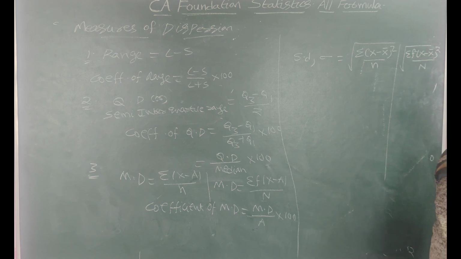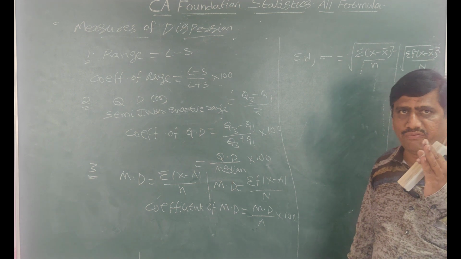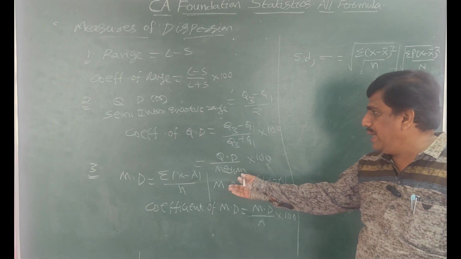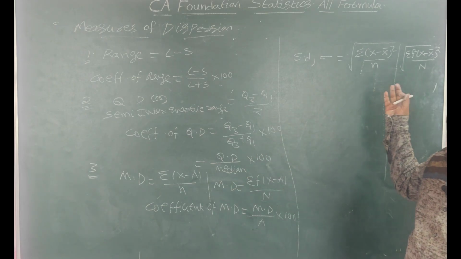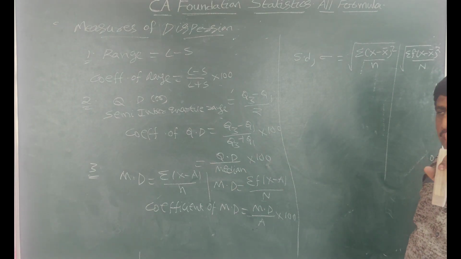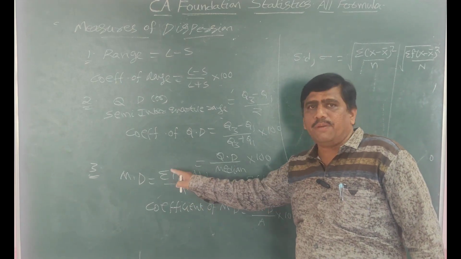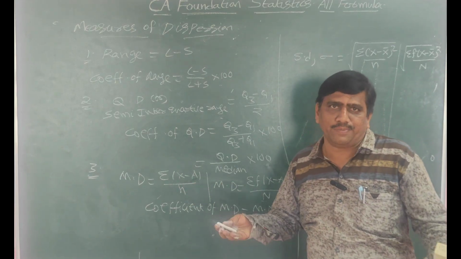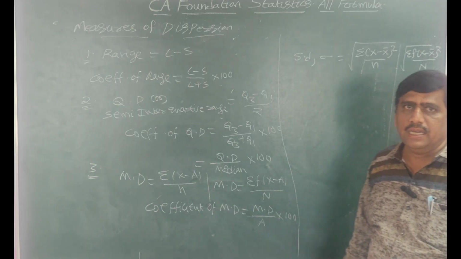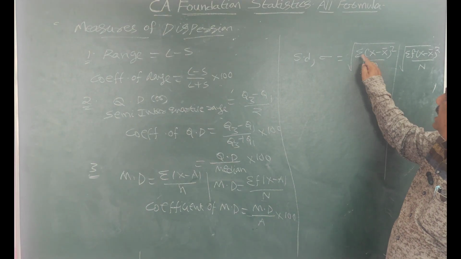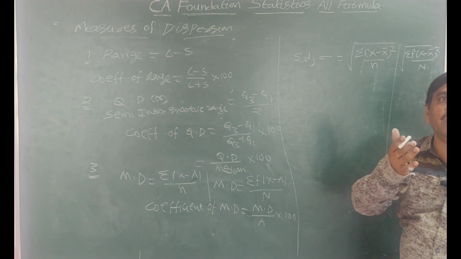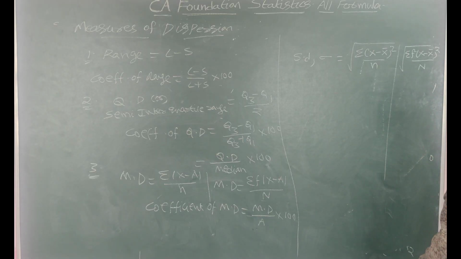If you remember the formula of mean, you can automatically remember mean deviation and standard deviation. For the mean in an individual series, summation x by n; instead of x, substitute the absolute deviation mod x minus A, and you get the MD formula. Similarly for SD, instead of x, substitute x minus x bar whole square.